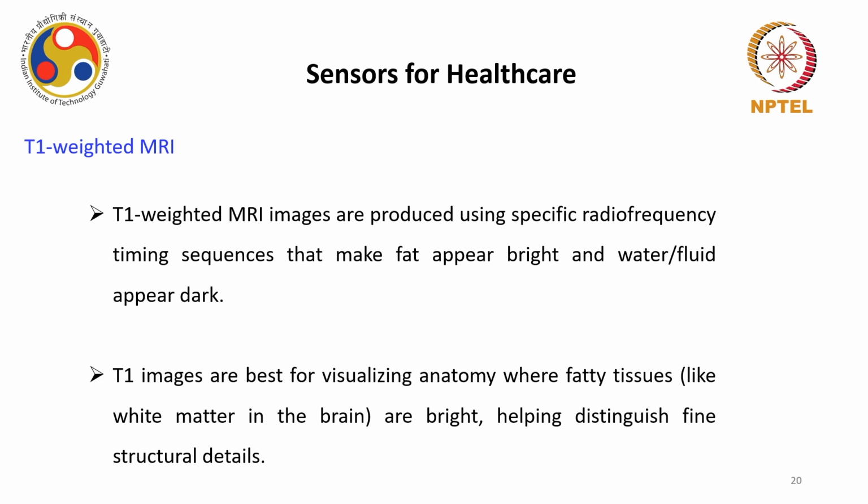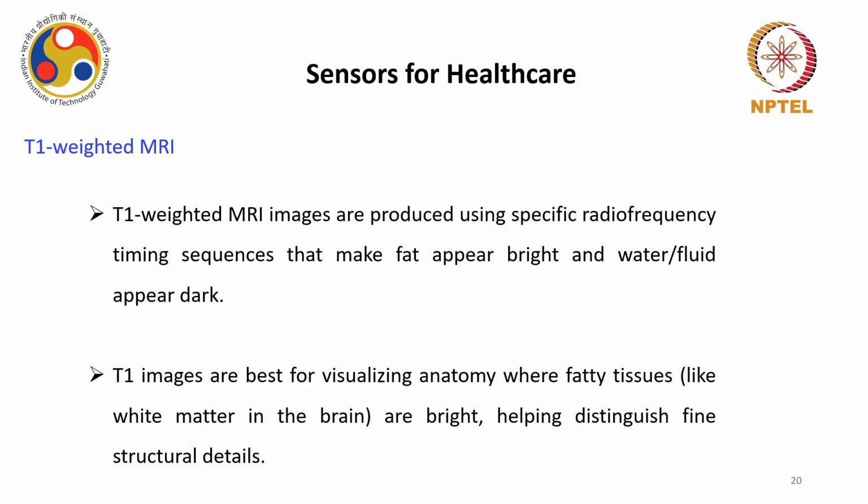So in the process, fat is appearing bright and water or other fluid parts of the body are appearing dark. T1 images are utilized for visualizing anatomy, where fatty tissues like white matter in the brain are bright.